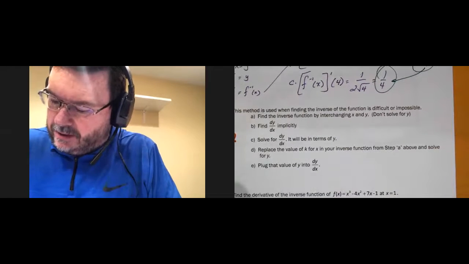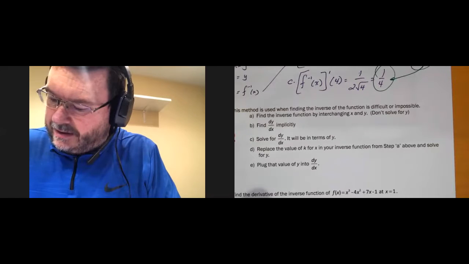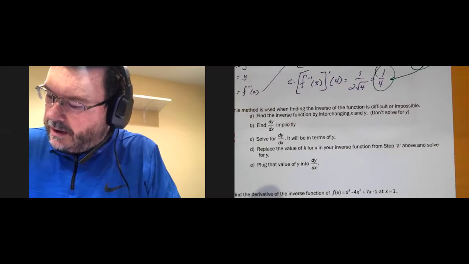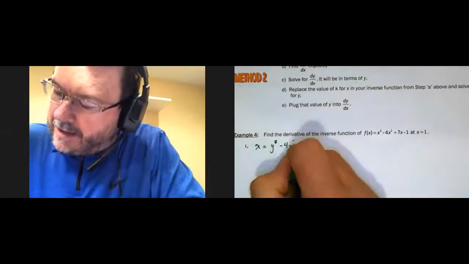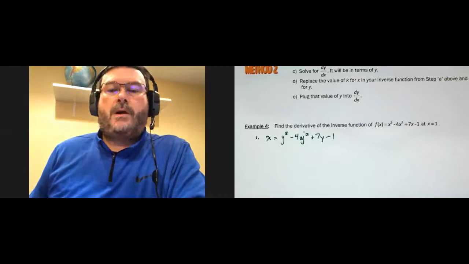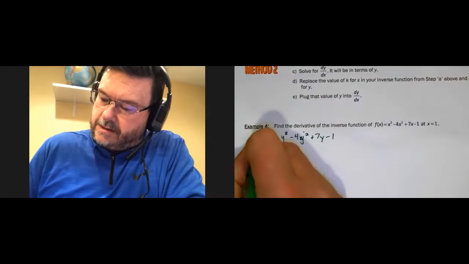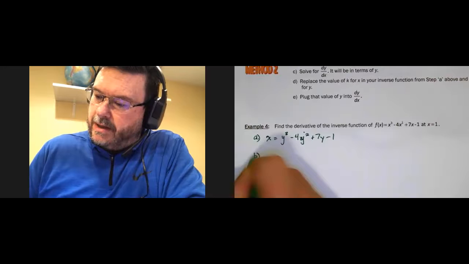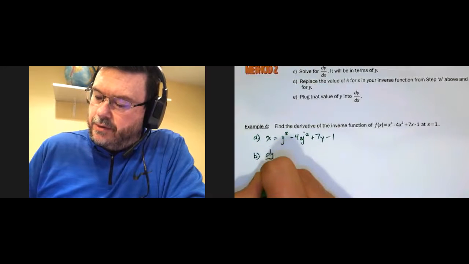Okay, so step 1 is we're going to change the x's and the y's. So y cubed minus 4y squared plus 7y minus 1. Okay, that's part A. Part B is find dy dx implicitly.